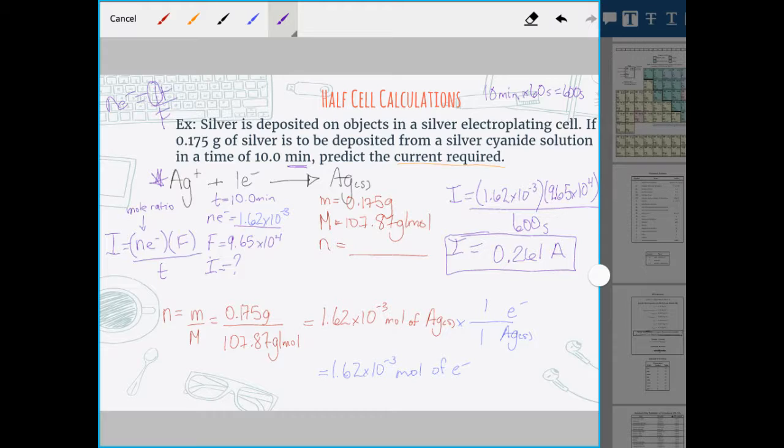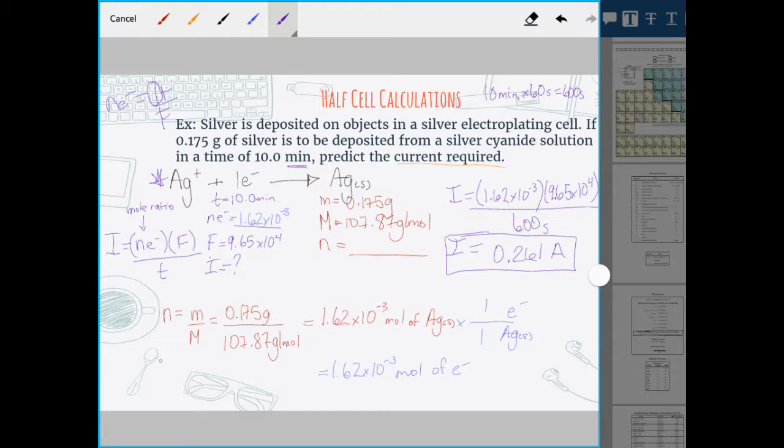Again, whether we're looking for the solid or the mass of that entity, or in reverse to calculate current, we're going to use that mole ratio. And then we're going to follow that up with the other calculation required. In this case, we used our Faraday's law equation as our second calculation. However, that can be the first calculation, depending on what you're calculating for.